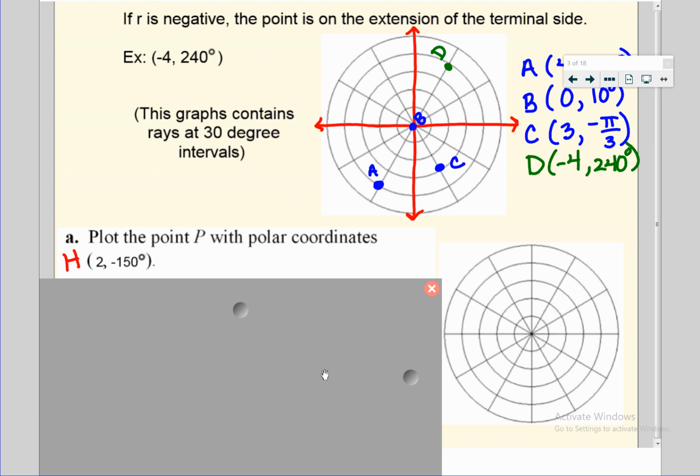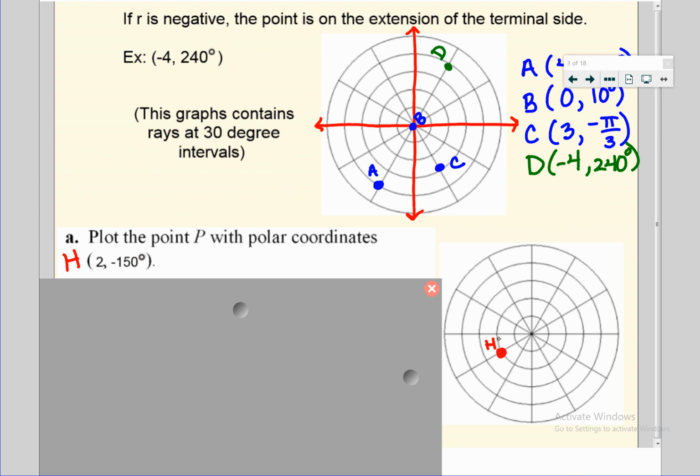To the right. And then from there, do I go clockwise or counterclockwise? Clockwise, 150 degrees. When you have polar graph paper in front of you, the rays are every 30 degrees. So you can just count 30, 60, 90, 120, 150. There we go. That's point H. Okay, good?